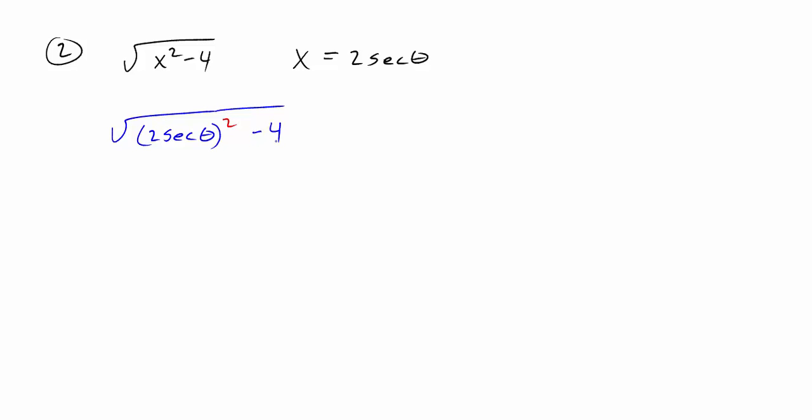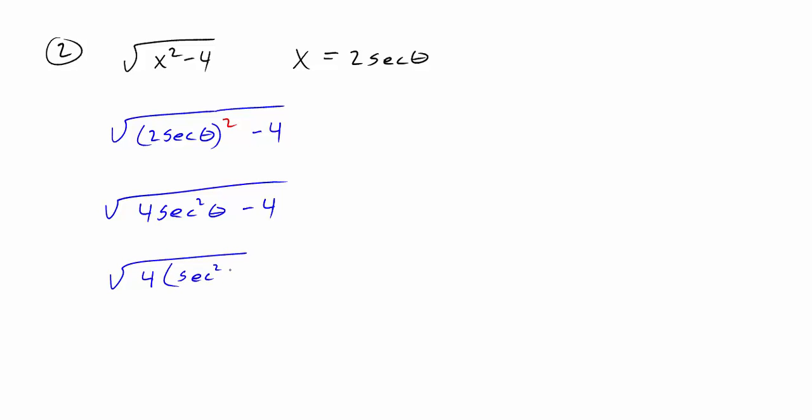minus 4. So be careful, when we square the whole quantity, we're going to get 4 secant squared theta minus 4. And once again, it's subtraction, so somehow we've got to get this to be multiplication, and we're going to do that by factoring out the common factor of 4, which would be secant squared theta minus 1.